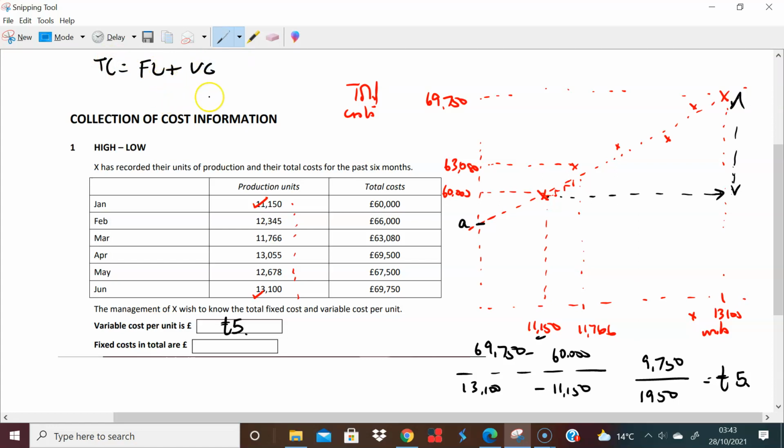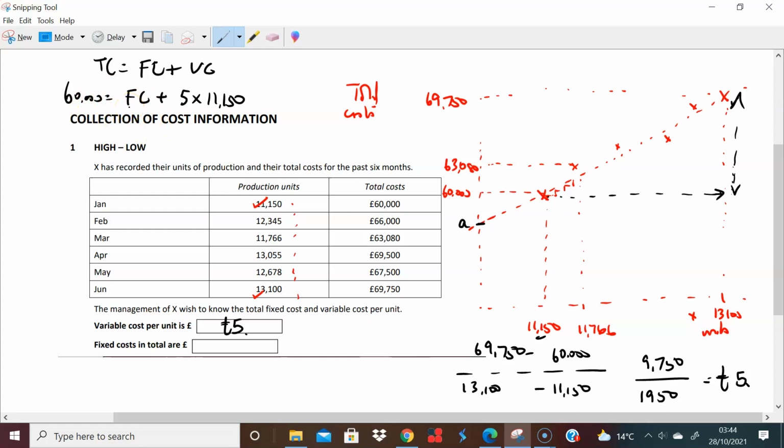If I want to make 11,150 units, I know the total cost is 60,000. I don't know what the fixed cost is, no problem, but I know that I need £5 to make every one of those units, and I'm making 11,150 units. So the total variable cost is this, plus this fixed cost will give me 60 grand.